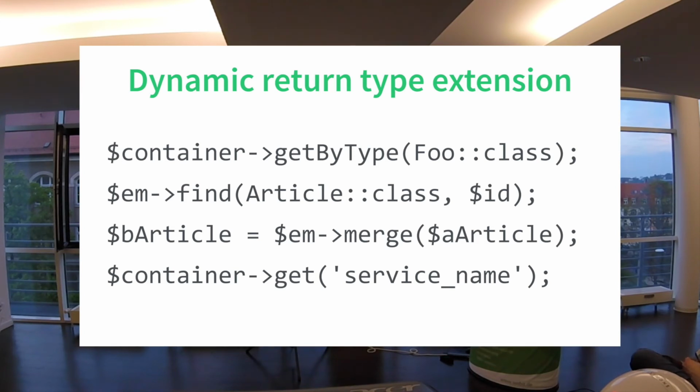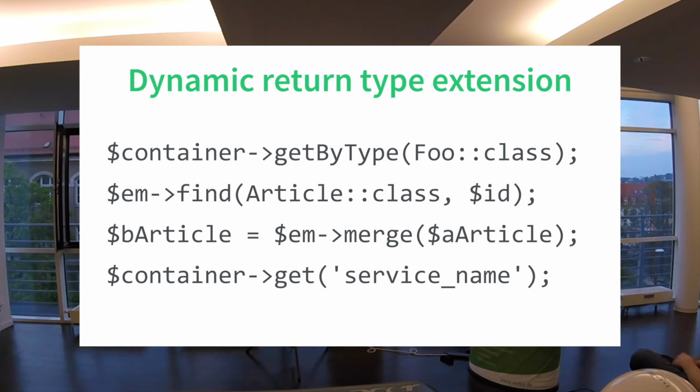If we are asking the entity manager to return an article, it will return an article. In the third line it's a little bit different because we are returning the same type as is passed to the method, and in the last line we actually cannot be sure about the type, but an extension can also be implemented that will look into the container and tell PHPStan of which type the requested service is.